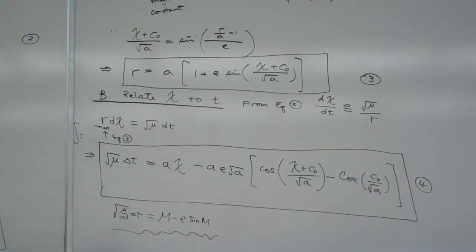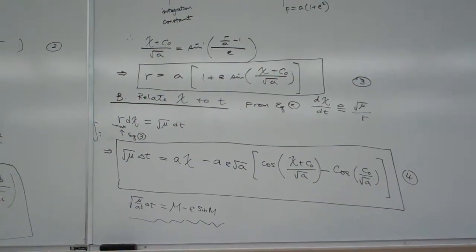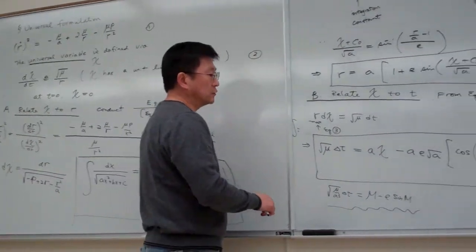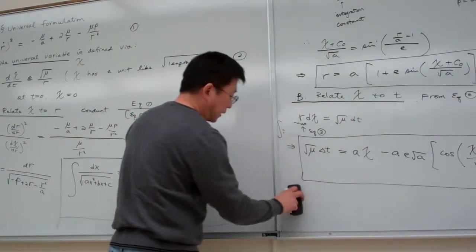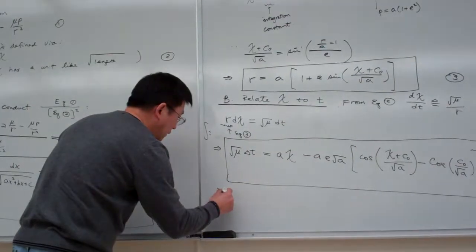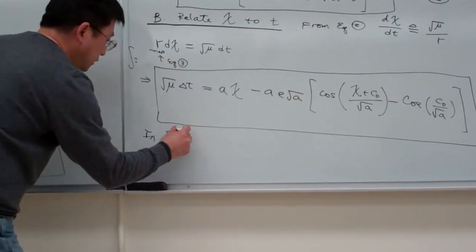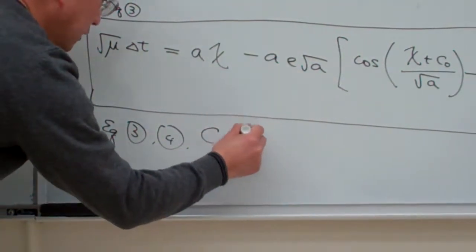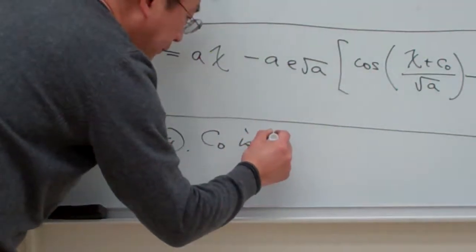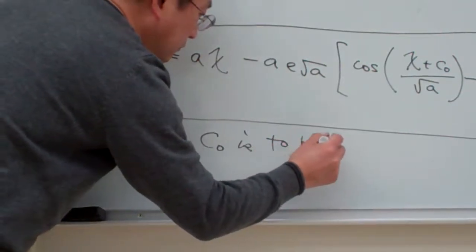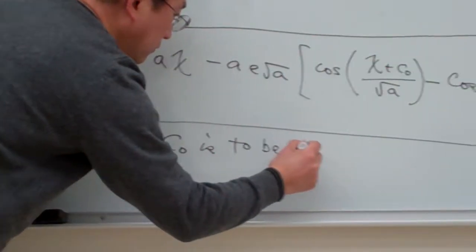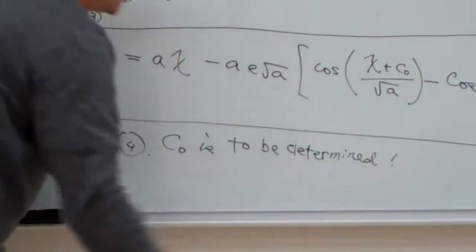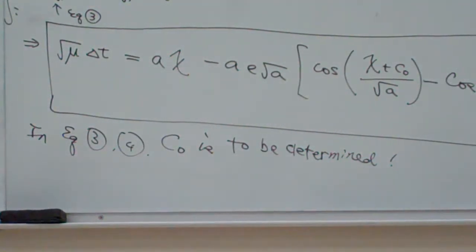And the next one we want to go forward is how to determine the integration constant C0. So in equations 3 and 4, C0 is to be determined. That means it is still not useful.